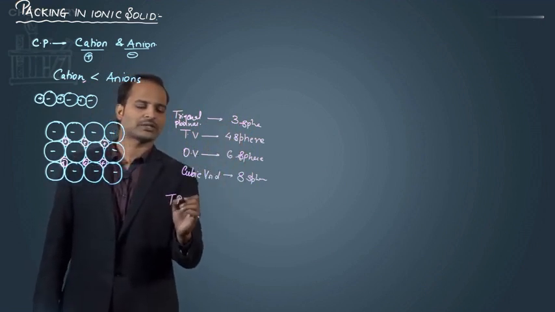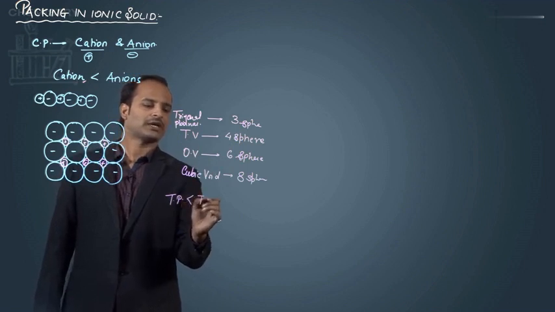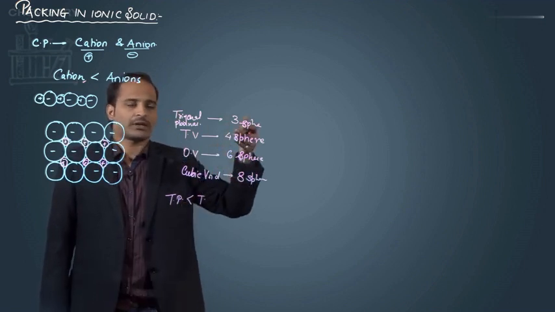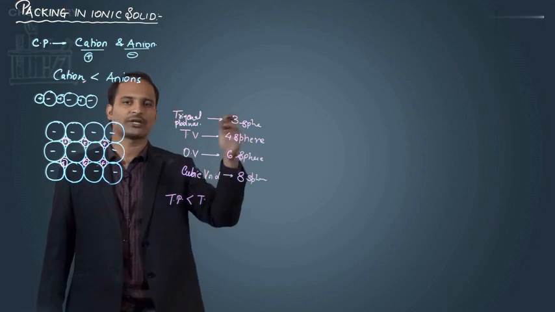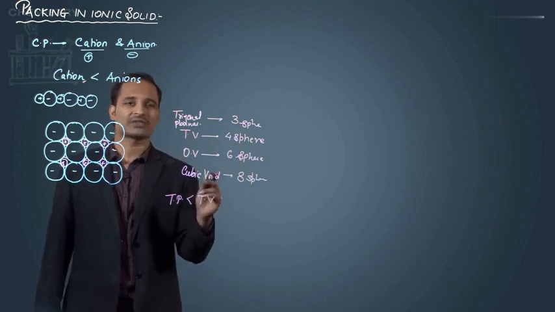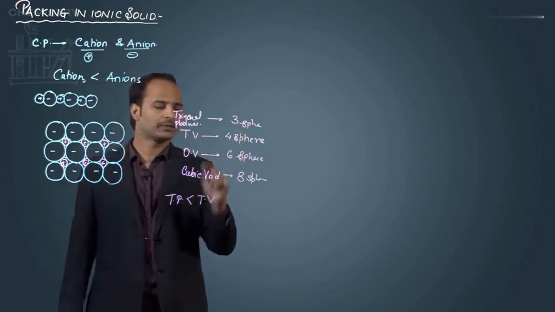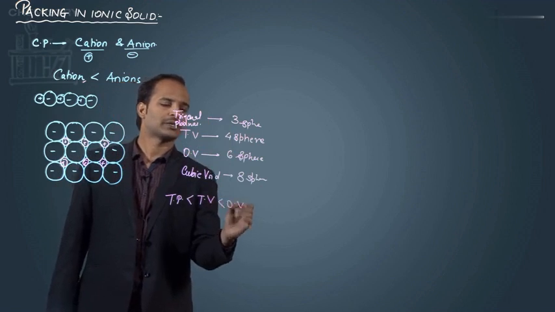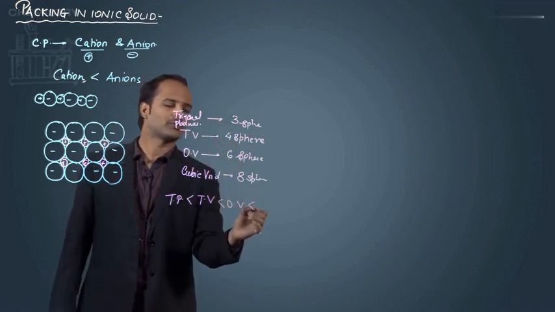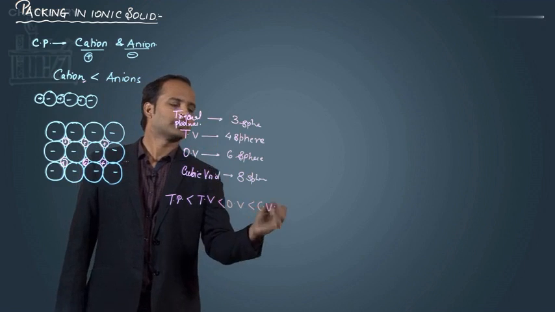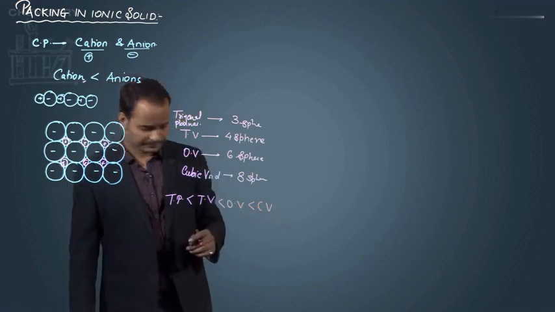The tetrahedral void is surrounded by 4 spheres, so its size is bigger than trigonal. Octahedral void size is bigger than tetrahedral and trigonal, and the cubic void is the biggest in size.